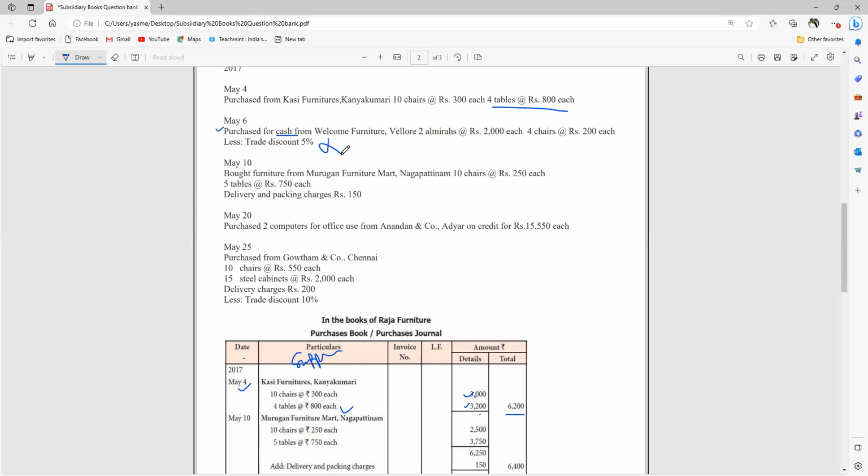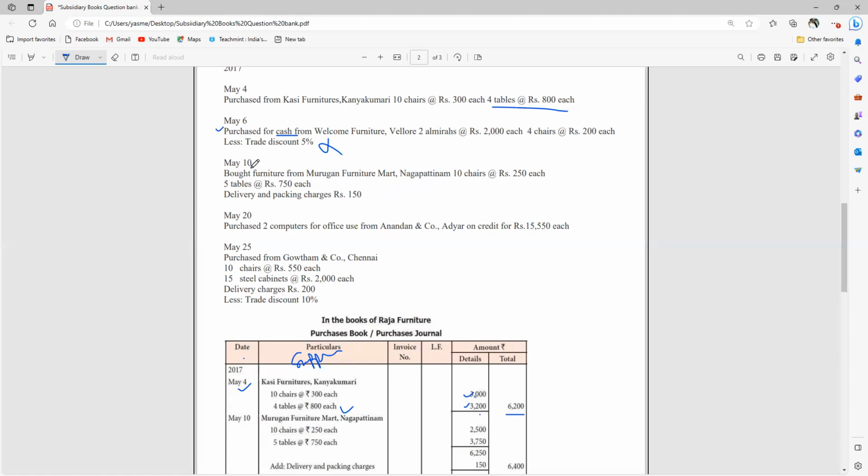As per our two rules, it should not be an asset which we are using for the company, and it should not be a cash transaction. If it is a cash transaction, that should be recorded in the cash book. If it is an asset which we are using for our business, that should be recorded in the journal proper. So this entry we are not recording here.